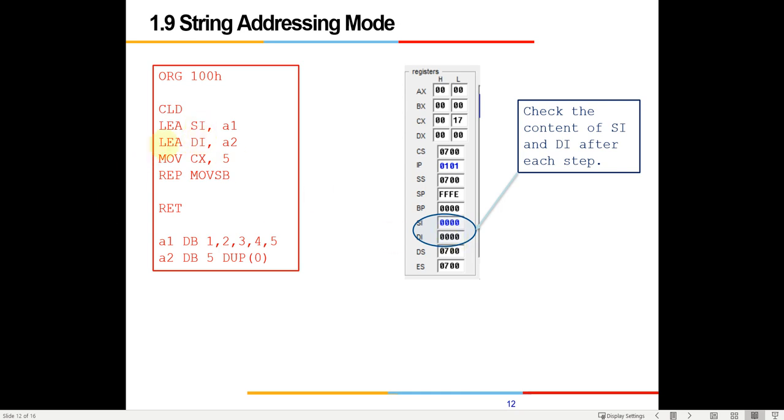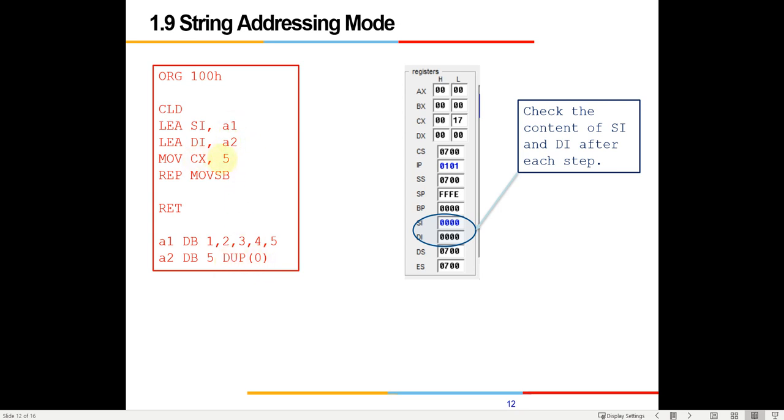Initially they will be 0, but once you run these two instructions, the offset values the compiler decided for A1 and A2 will be available here. Then you can go to those memory locations and see whether the data is available there. From A1 you will find 1 2 3 4 5, and similarly from the A2 location onwards there will be 5 zeros, right?